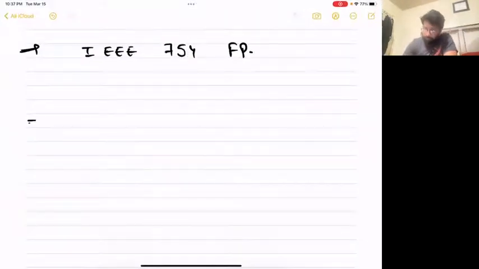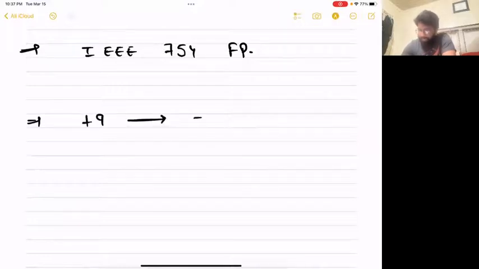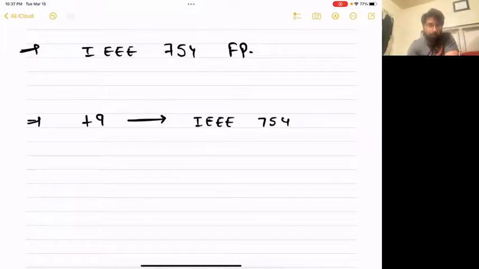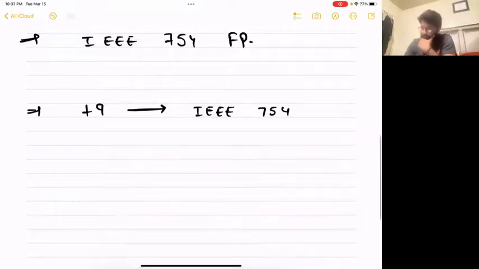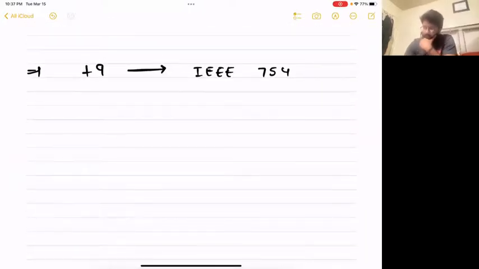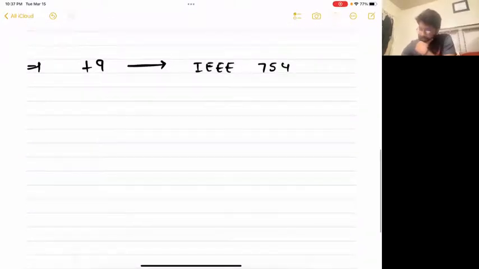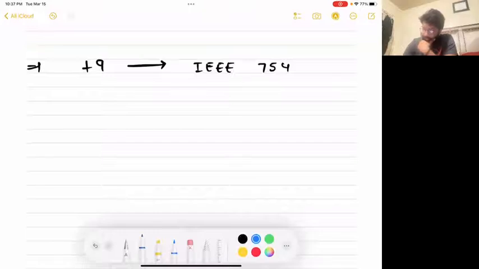So our first problem is +9. We have to write that in IEEE 754 format. In order to do that, first let's write the IEEE format.